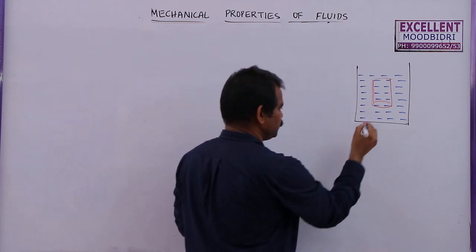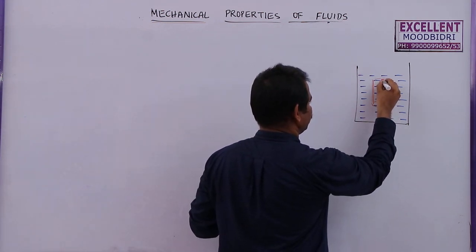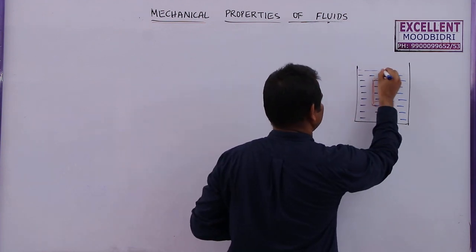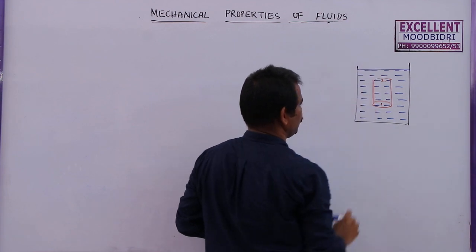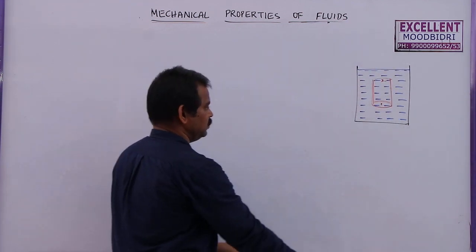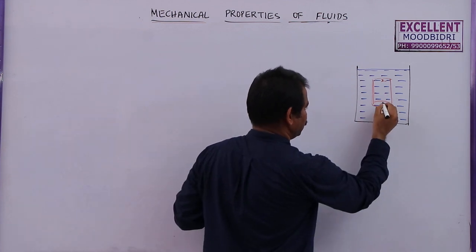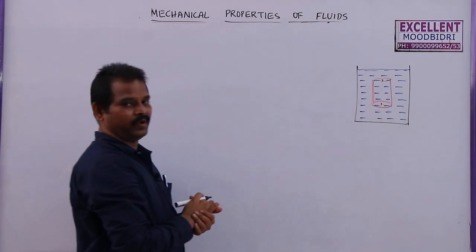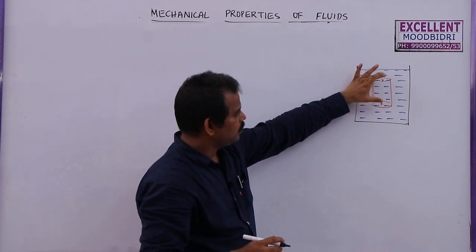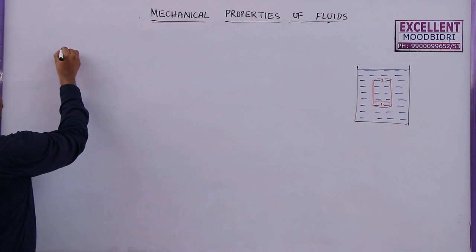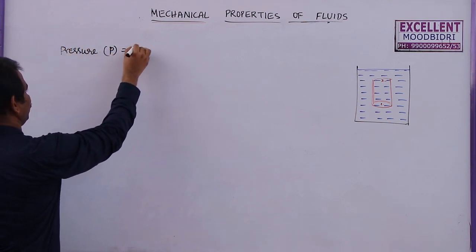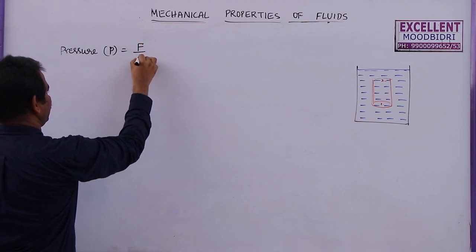Let me take this point as 1 and this point as 2, and this liquid is filled up to this level. This is the level of the liquid in the container. Now, what is the pressure at point 1? The pressure at point 1 due to this liquid only is given by force by area.